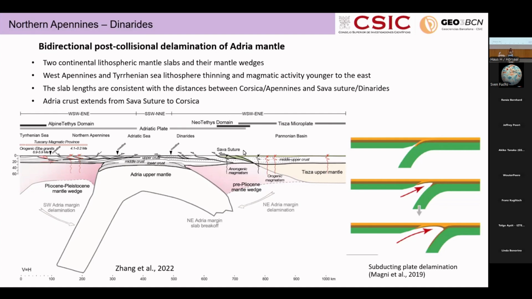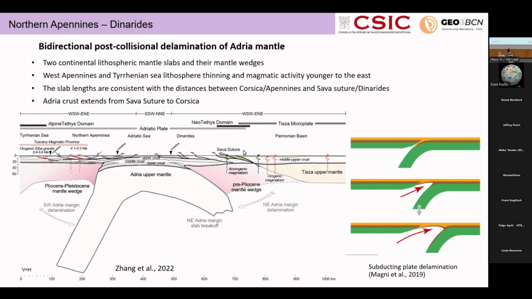We see that with these two continental slabs with the two mantle wedges on both sides, which gives these hot zones in the Tuscany magmatic province, with this magmatic area and higher surface heat flow as well, and also these lengths of these slabs.